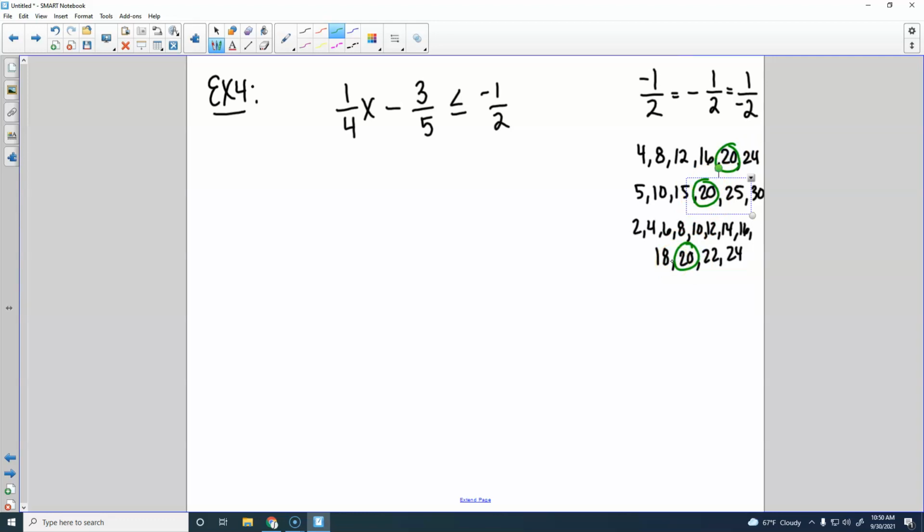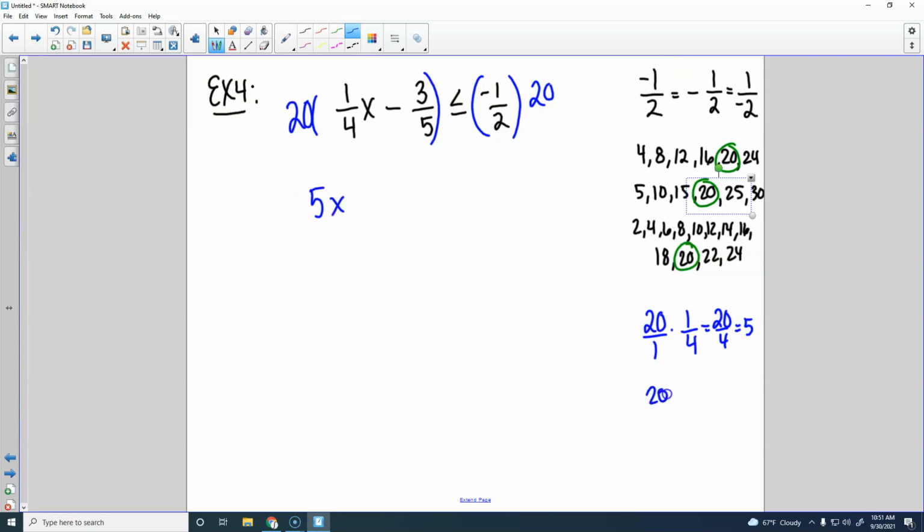So that is the number we will multiply by. I'm going to multiply this side by 20. I'm going to multiply this side by 20. So I got to do 20 times 1/4, that's 20 over 4, which is 5. So 5x.